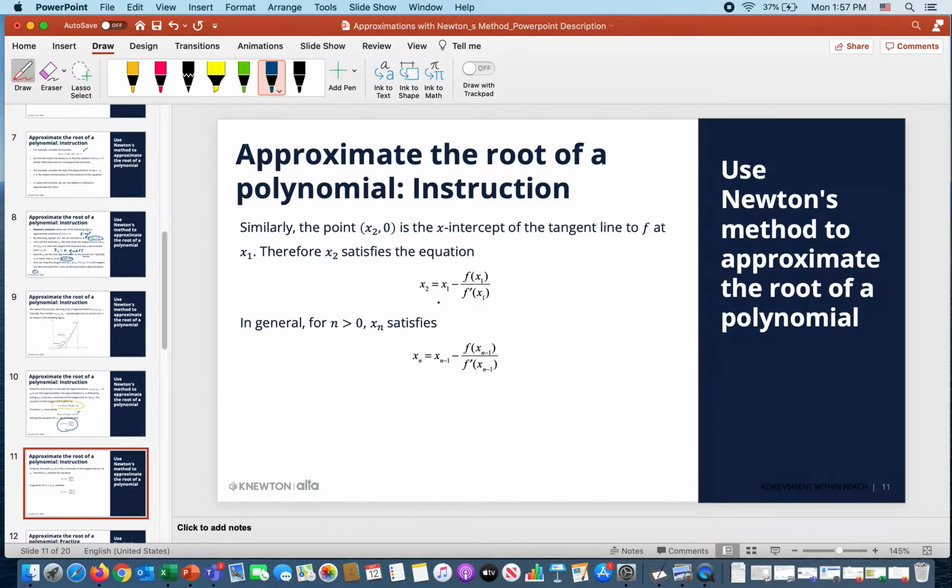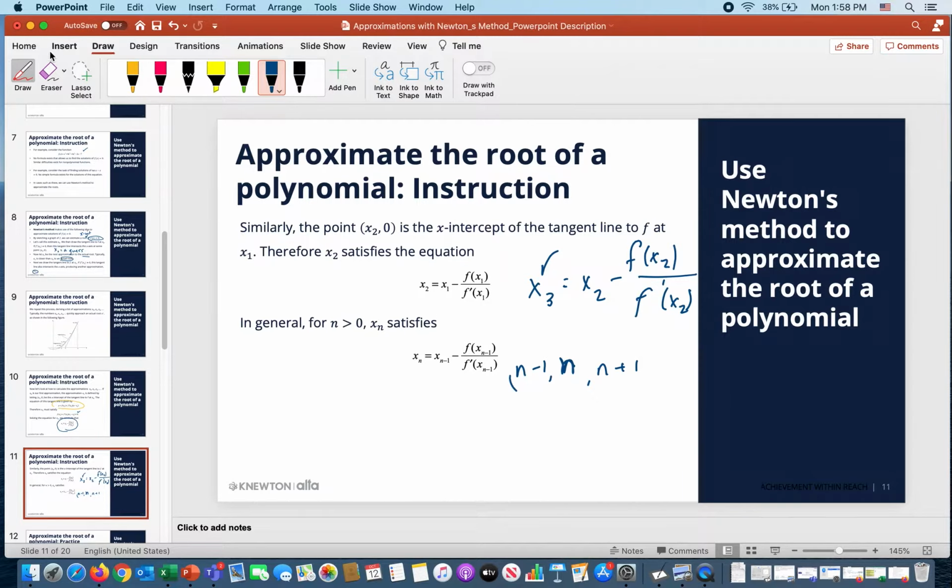And take a look, x sub 3 would be x sub 2 minus f of x sub 2 over f prime of x sub 2. So you can see how the previous value is being used in the next value. In math, when we talk about the previous value, if our current value is n, our previous value was n minus 1, and our next value would be n plus 1.